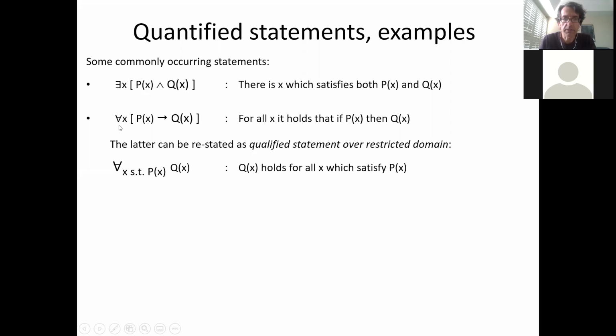Here's another example. What does this say? It says that for every X, if the first condition is satisfied on X, then necessarily the second condition will be. This is also commonly useful, right?